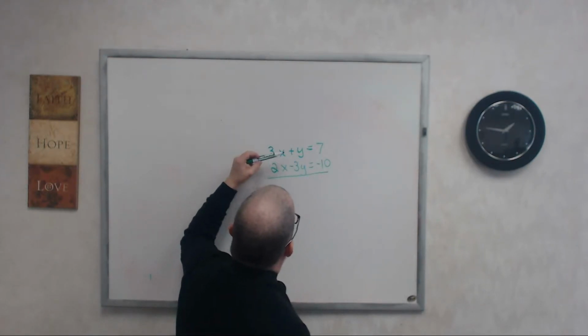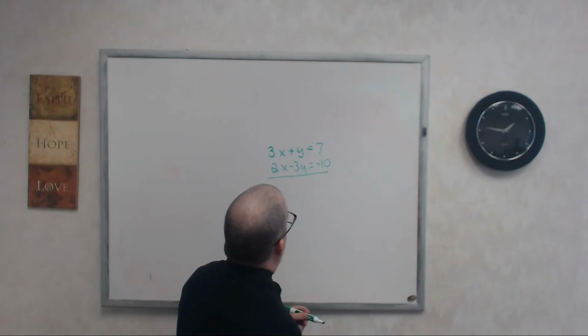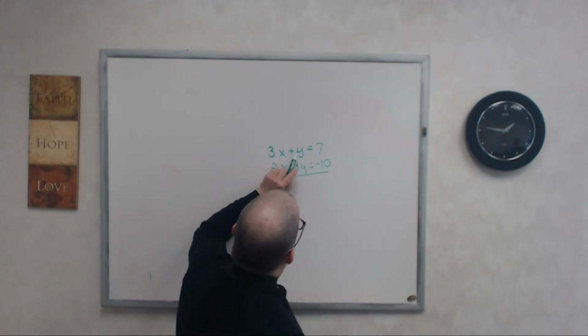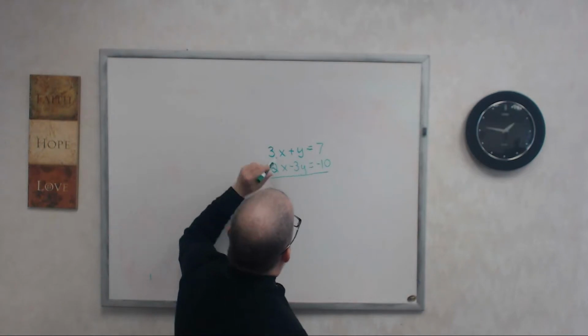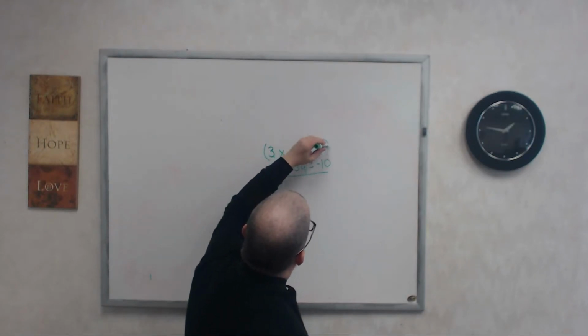This time, though, we don't have anything that will line up to cancel. So we have to multiply one of these equations by a constant. If we multiply the top equation by 3, we can get the y's to cancel out. So that's what we're going to do.